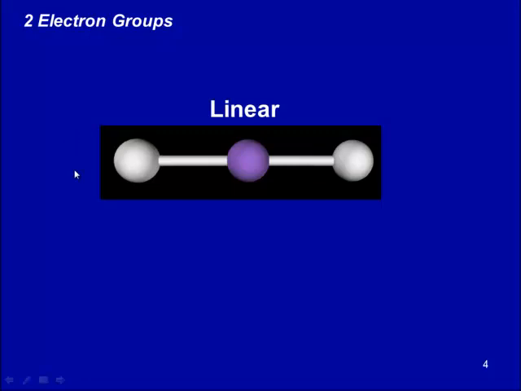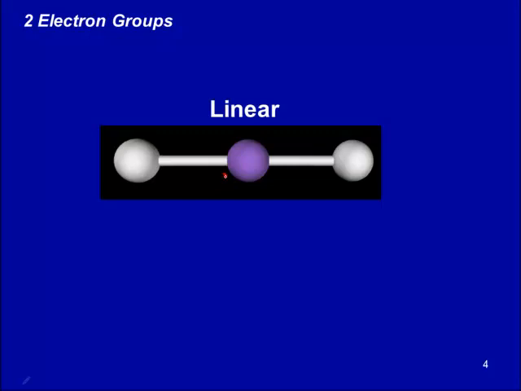So if those two surrounding atoms are the same, the bonds are going to be the same, and the bonds are polar.